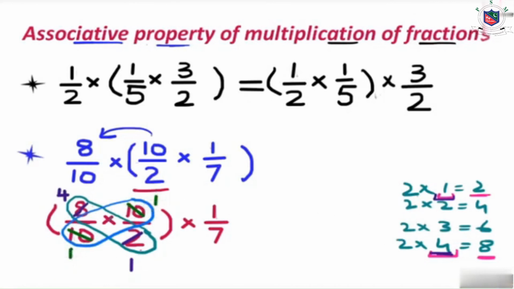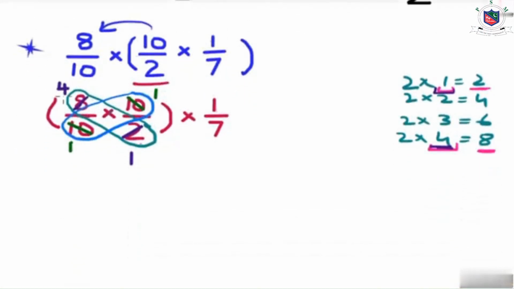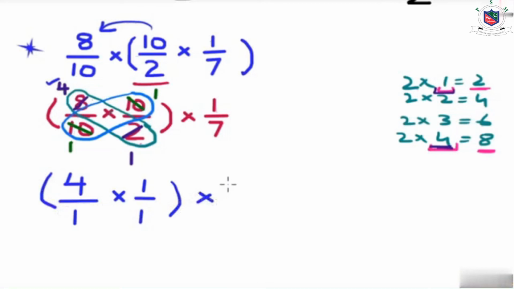As you can see, this is how we can cross cancel. So after the cross cancellation, we are getting 4 in the numerator and 1 in the denominator, and in the second fraction 1 in the numerator and 1 in the denominator.